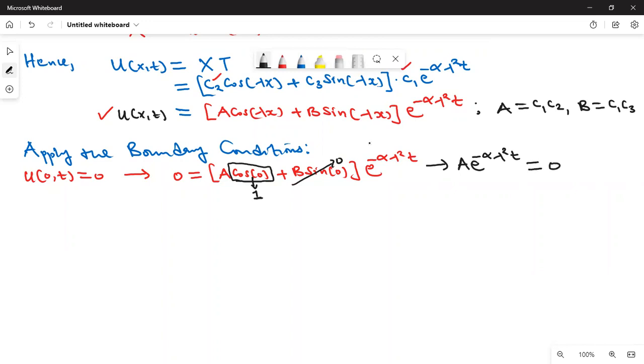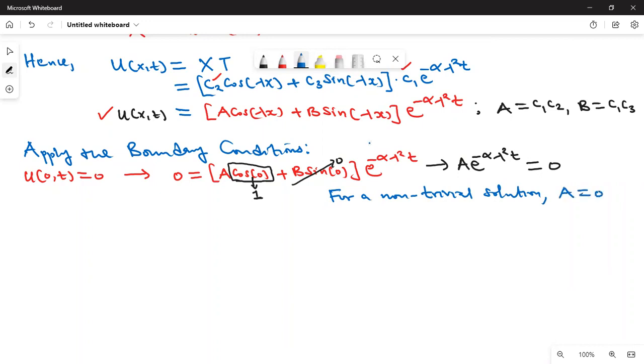But remember, in the method of separation of variables, our task is to find a solution that is non-trivial. A non-trivial solution, a solution that has physical significance. So for a non-trivial solution, it is only a that can be equal to 0.